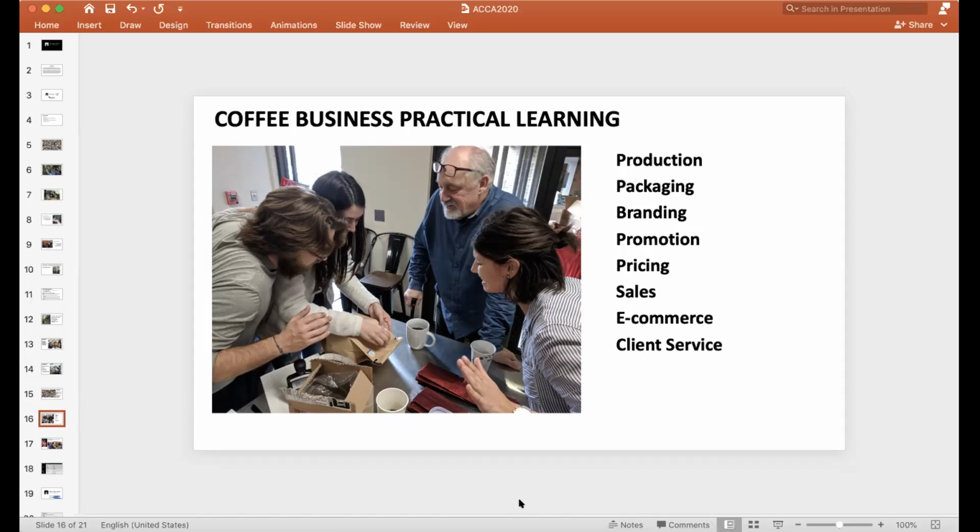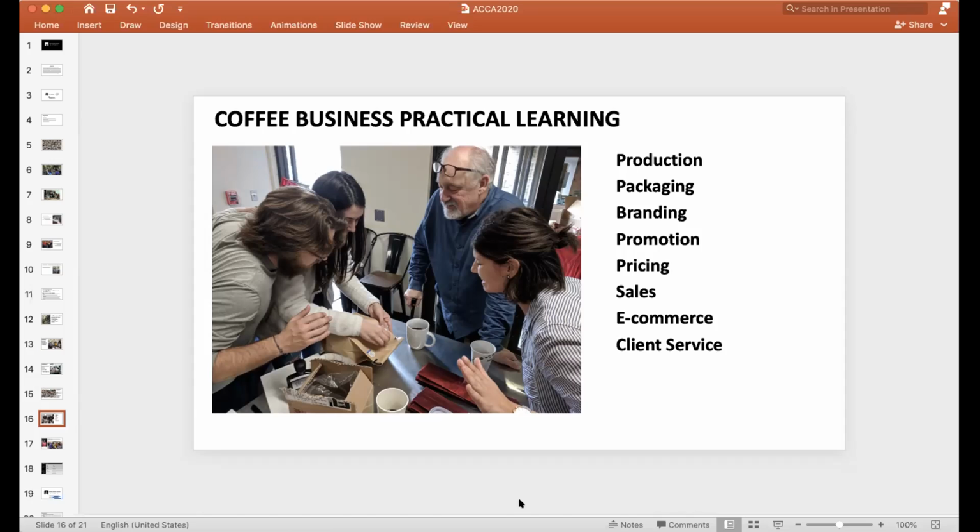Sales brings in communication skills, and what we find is that the students who are well prepared realize that they can sell something they're committed to. The e-commerce is also something where they sometimes think they are prepared, but not to use it in a way that can be useful in their careers and lives after.